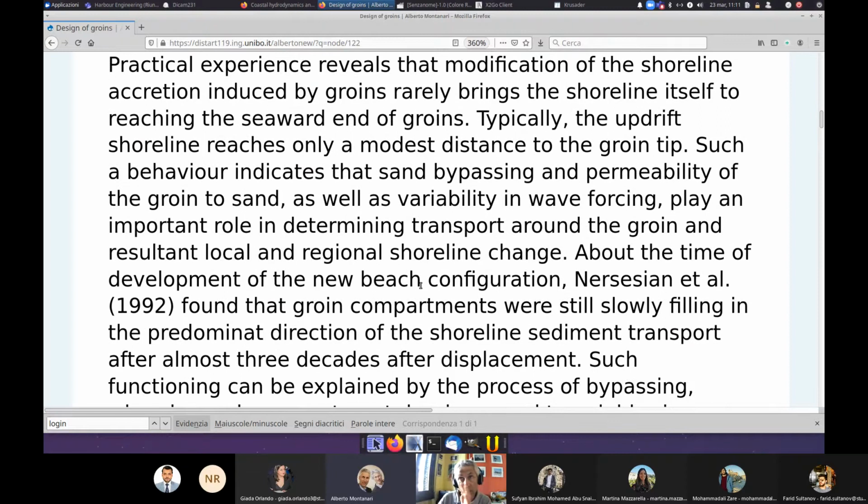And also there is the effect of permeability. Keep in mind that strictly speaking, no groins are fully impermeable.